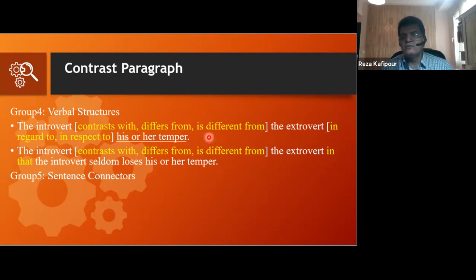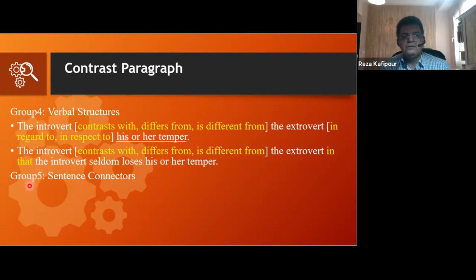So the more information will be provided as a minor supporting sentence. Otherwise, you can provide the full or complete idea based on this structure and say losing the temper in the same sentence, not in an extra or additional sentence as a minor supporting sentence.